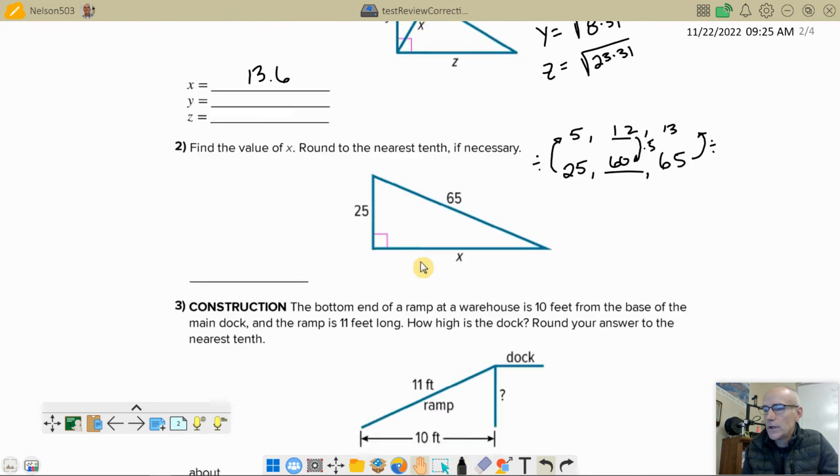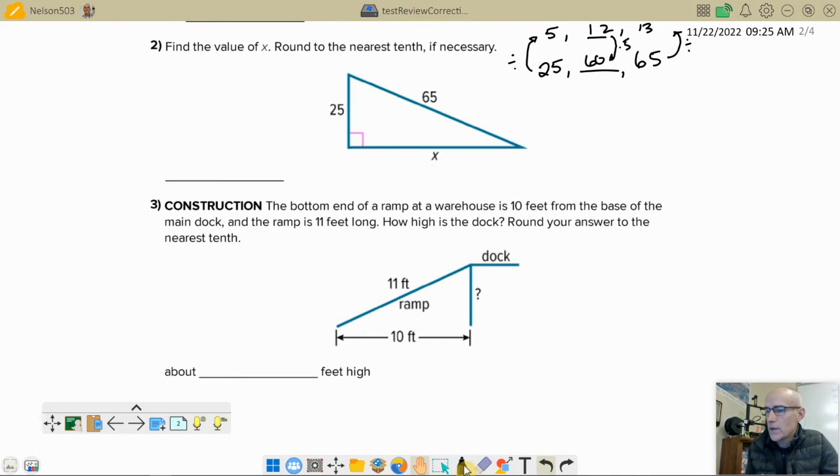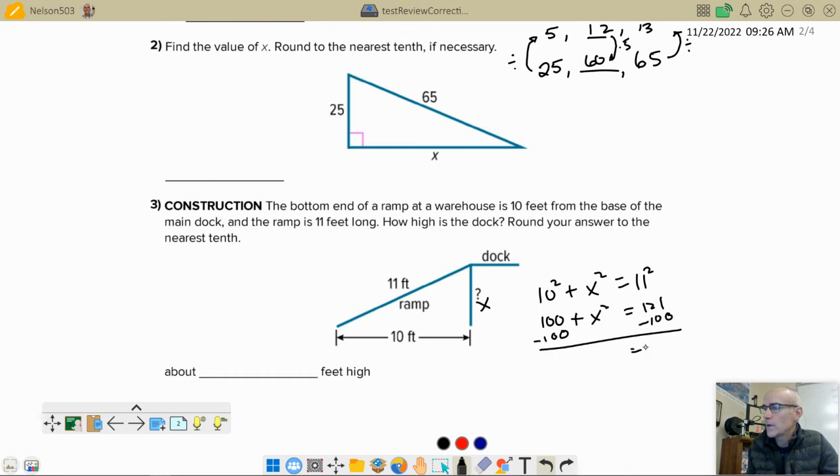On the next one, we need to do Pythagorean theorem. It's not a Pythagorean triple. So if I put x on this leg right there, I get 10 squared plus x squared equals 11 squared. I get 121. I get 100 right there. And when I subtract 100 from both sides, I get 21 on the right side.